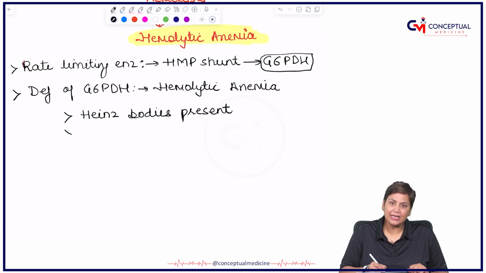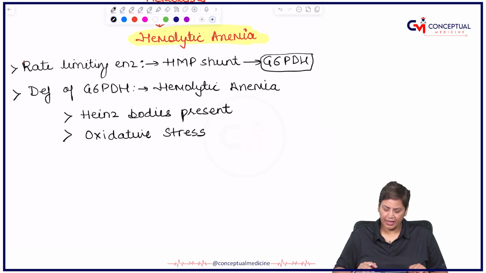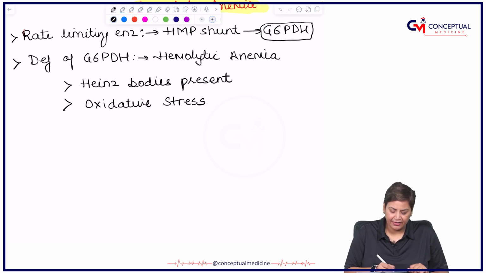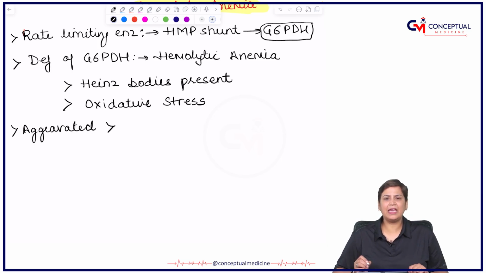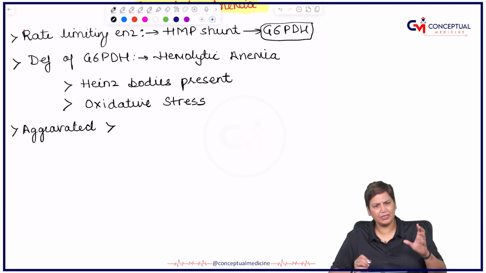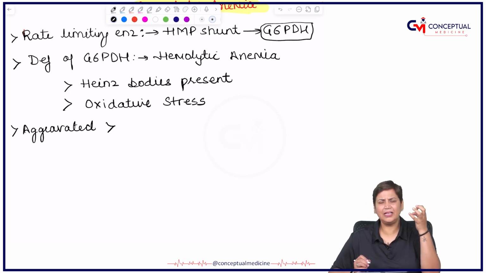And this is mainly due to oxidative stress. And it is aggravated, aggravated means increased, when we have fava beans. Fava beans are a kind of vegetable which aggravates this process.